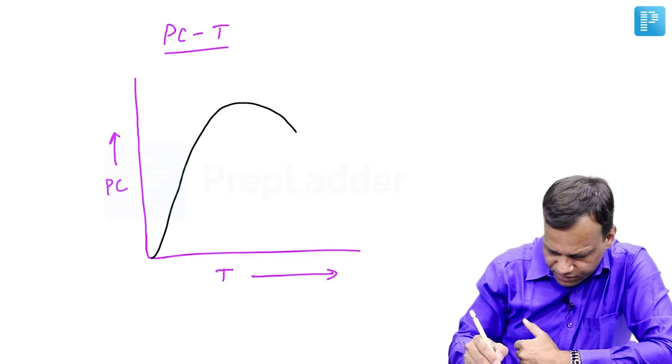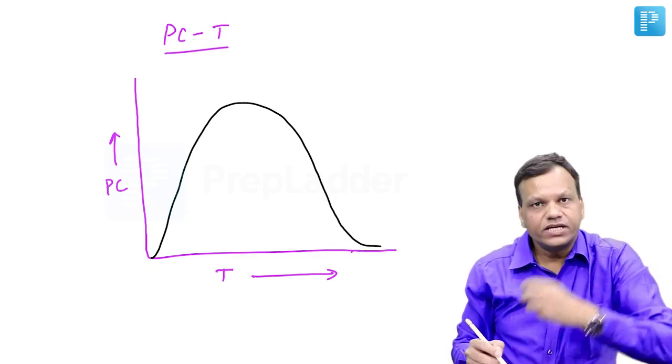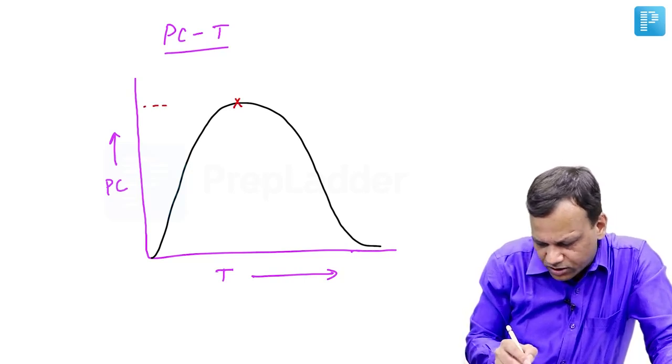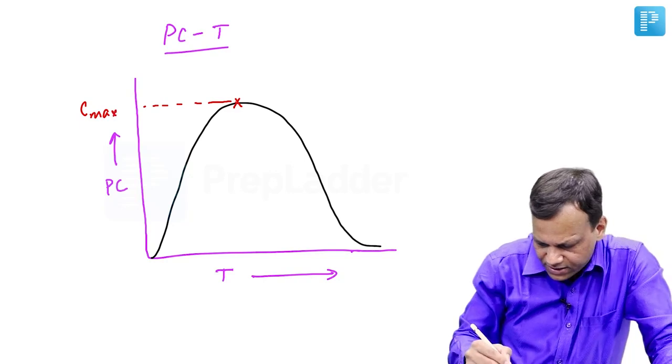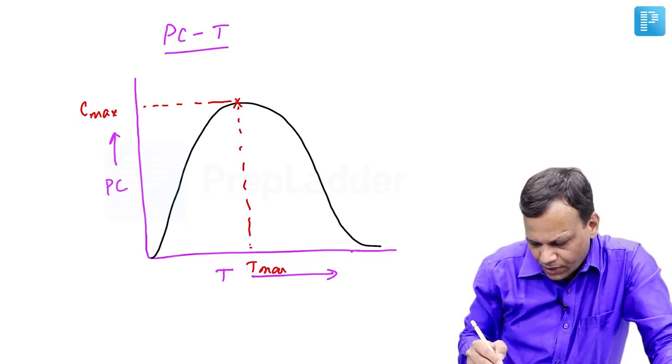Suppose this is the graph. In this graph, we obtain three important parameters. The top point, if we extend it on the y-axis, is called Cmax, whereas the same point on the x-axis is called Tmax.